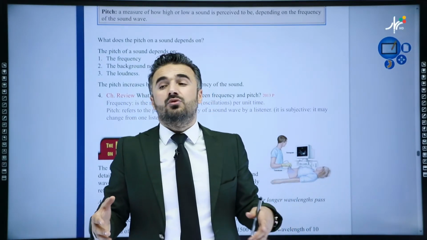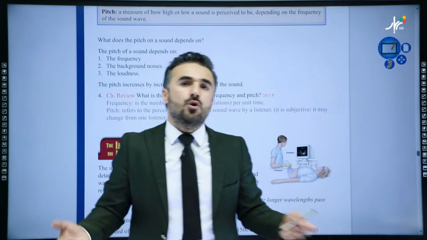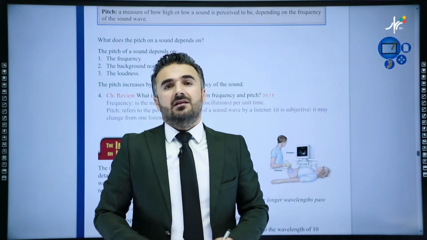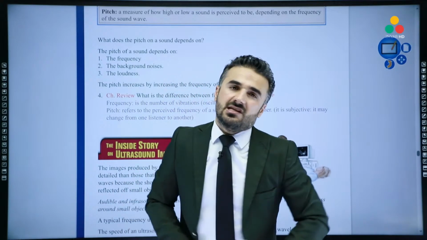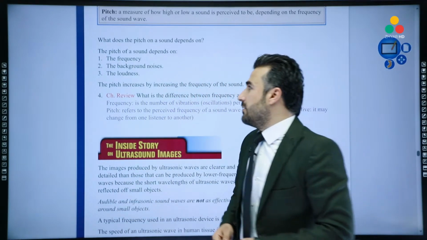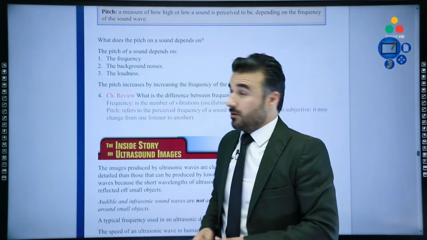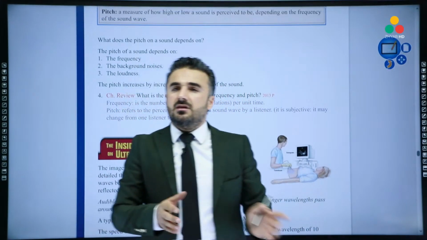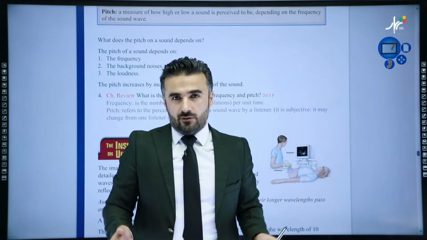So how can you hear a sound in a very noisy environment? You'll have to speak louder, or use a sound at a very high frequency, as long as it is in the audible range. And then, of course, the loudness as well. So the third factor that the pitch depends on is the loudness, yeah?